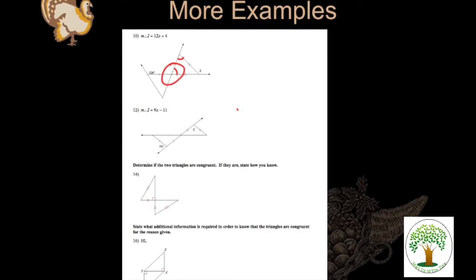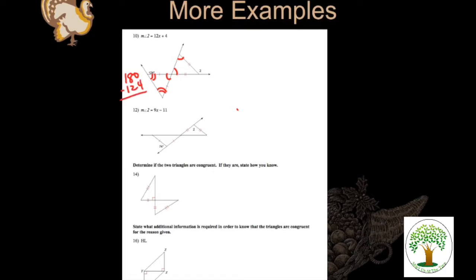And since this is a vertical angle, it's congruent. We have these two sides of the triangle congruent. So these base angles are congruent, not necessarily equal to the others. Since this one is 124 degrees, and it's supplementary with the one next to it, we can take 180 minus 124.